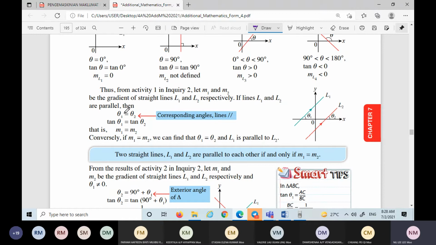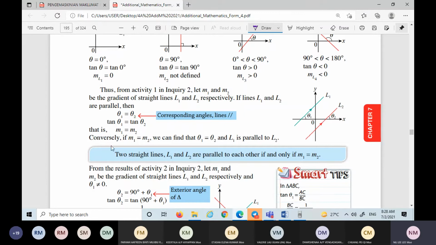If theta 1 is equal to theta 2, then tangent theta 1 will equal tangent theta 2, so m1 is equal to m2. Let m1 be the gradient of L1 and m2 the gradient of L2. So this is the proof, by using the concept of corresponding angles and gradient equals tangent theta.